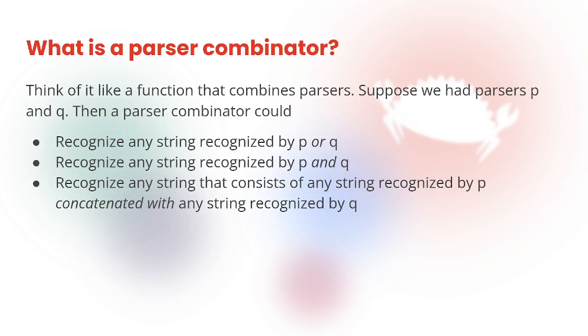Suppose you had a language, P recognized some language and then Q recognized some language, and you only want to recognize the things that are common in those sets of strings. Then you would do that.